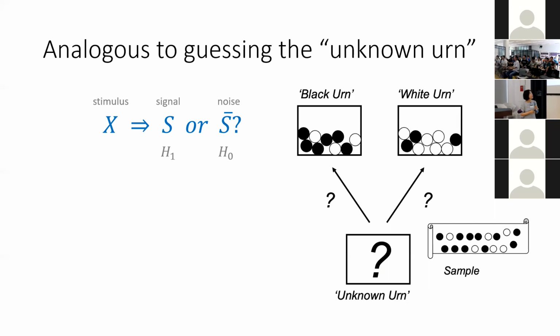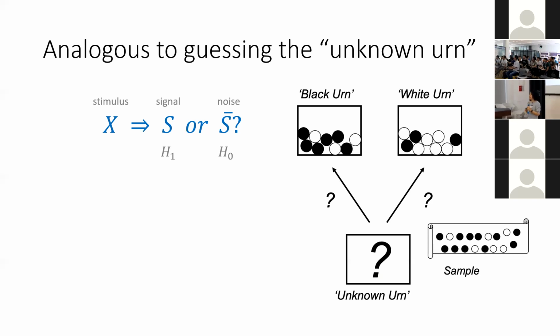I think we could think about all these kinds of problems as an urn problem. So you have two urns, a black urn and a white urn. They have different proportions of black and white balls. This is the hidden hypothesis behind. Either of them could be chosen to generate some samples, and what we have are the samples.